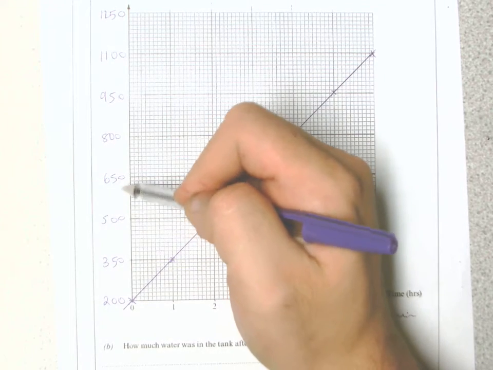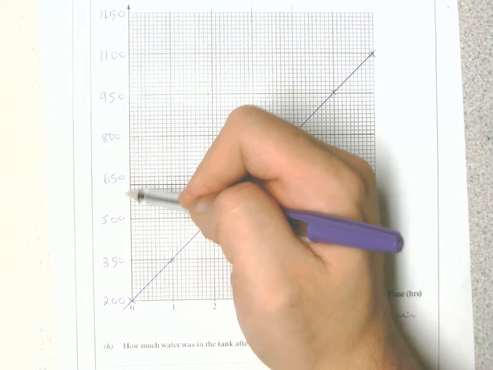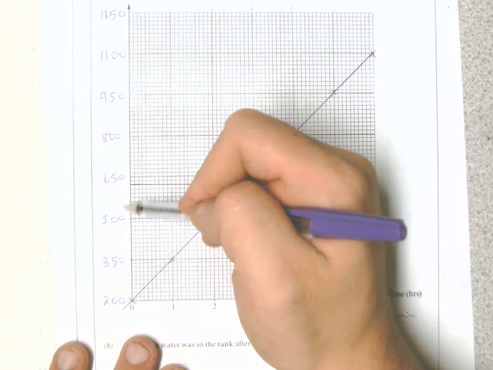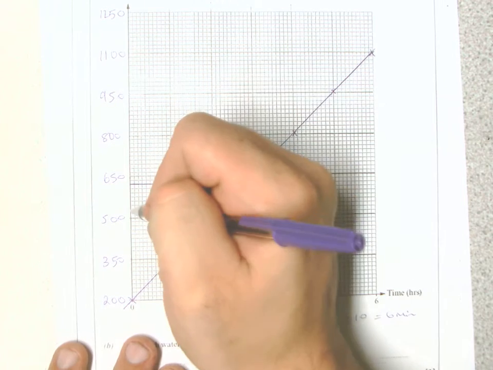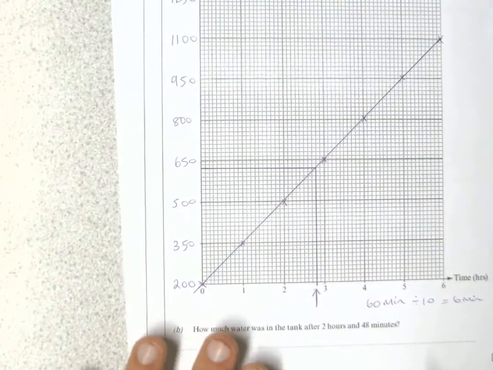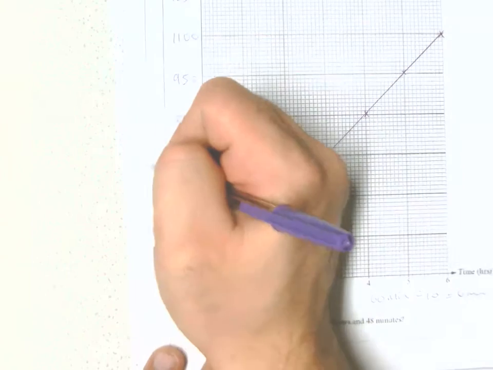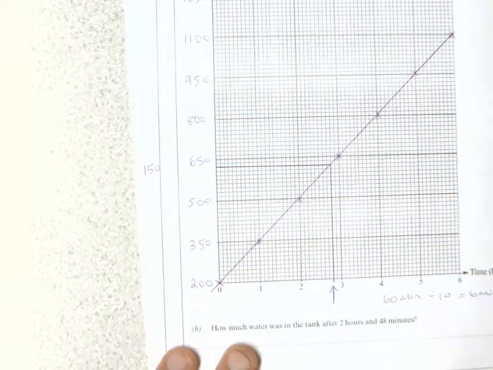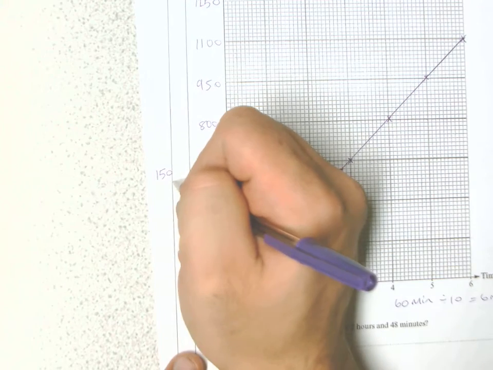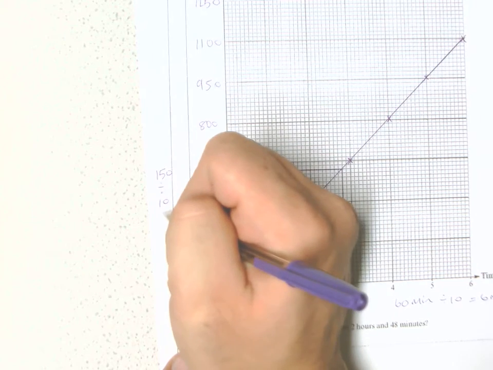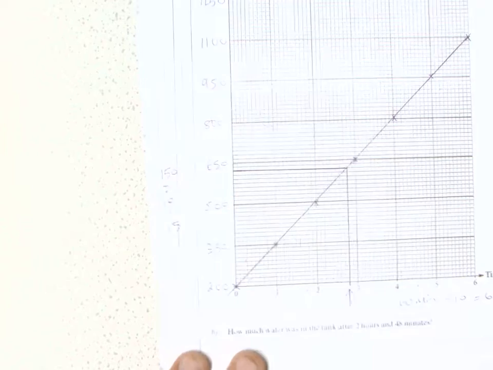We've got here a gap of 10 squares. From 500 to 650 is 10 squares, and those 10 squares represent 150 litres. If you divide that 150 litres by 10 squares, you get 15.